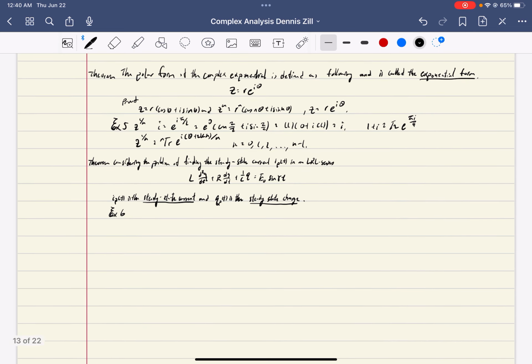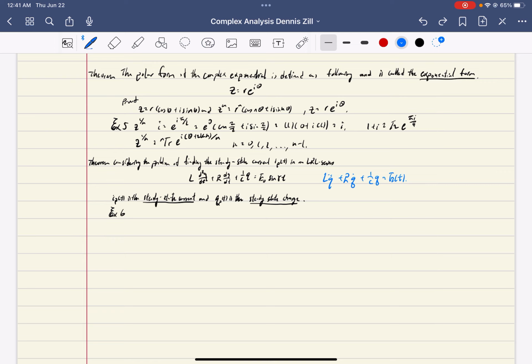So now, consider the problem of finding the steady state of the current I_p of time t in the LRC series circuit, which can be modeled with this differential equation: L times the second derivative of Q, plus R times the first derivative of Q, plus 1 over C times Q is equal to your initial condition, right?